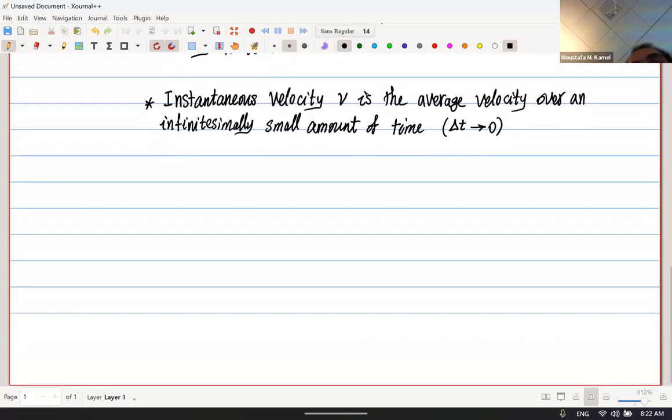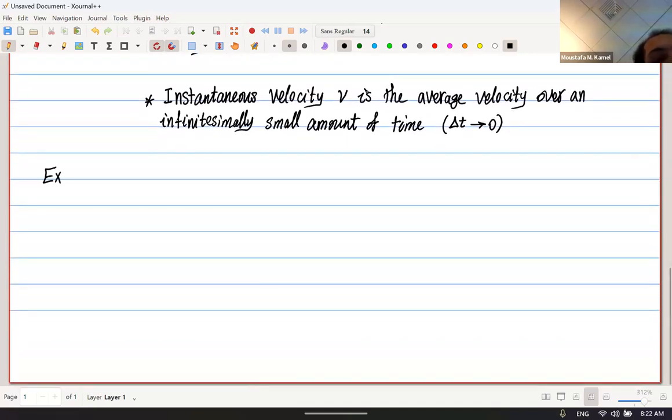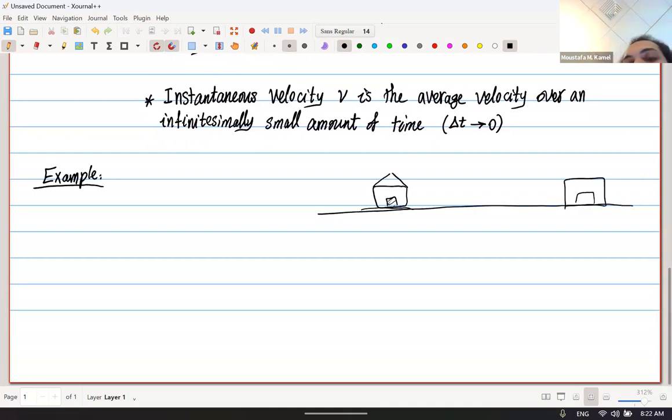So let's take an example on average velocity. Let's say this is your home and this is the grocery store, and you drive to the store and return in half an hour. So the time elapsed between you going to the store and coming back is half an hour.